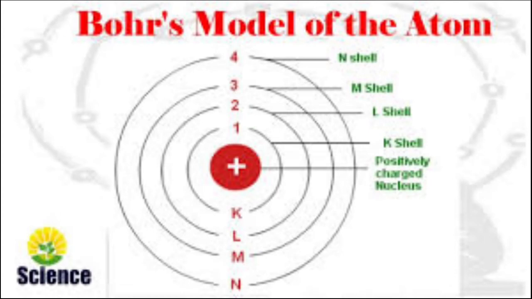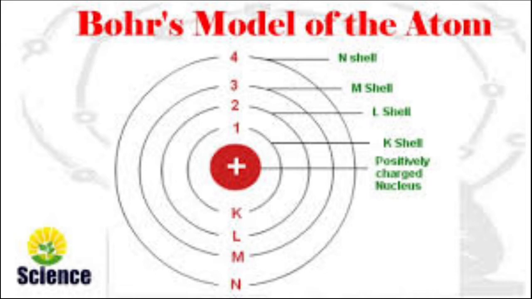Its values are 1, 2, 3, 4 and so on, and are represented by capital letters K, L, M, N and so on. That means the first orbit from the nucleus is K, the second orbit is L, the third is M, the fourth orbit is N, and so on.